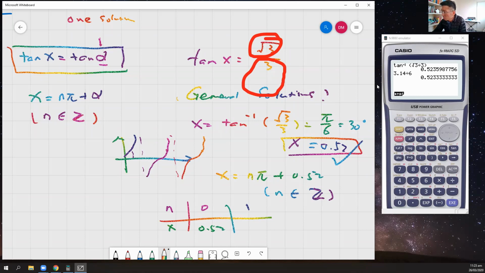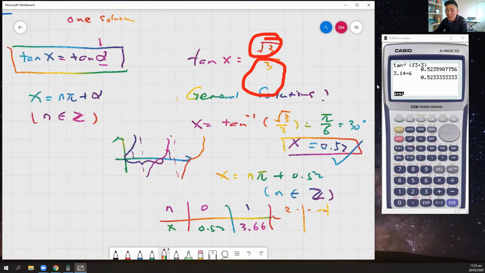Now, when n equals 1, you will have pi plus that part, so pi is 3.14, plus 0.52 gives you 3.66. So you have unlimited solutions over here. You can also go the other way: when n equals -1, you have another solution on the left side. So there are unlimited solutions.